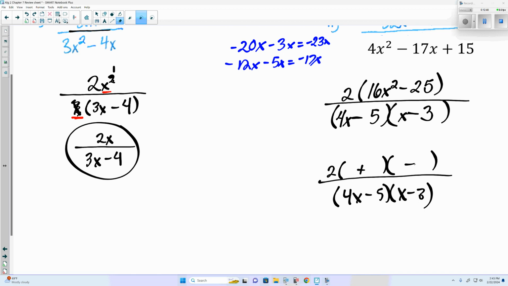Factors of 16x squared are 4x and 4x. And our 25 is 5 and 5.